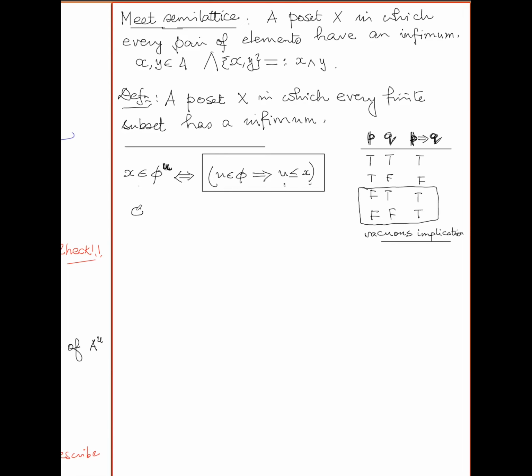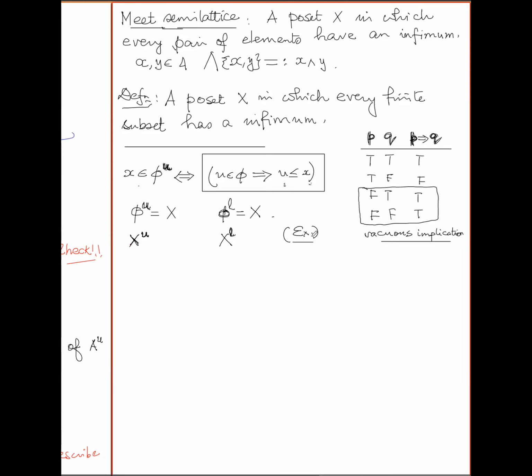So therefore, this turns out to be the whole of X. And by similar argument, this turns out to be again the whole of X. Okay. So now I will ask you to find what is this and what is this. It is left as an exercise, so you find out for me.